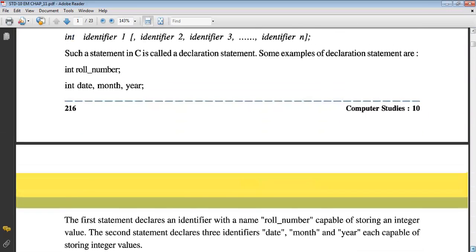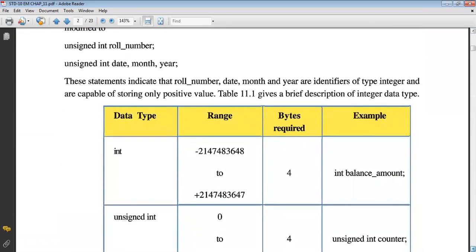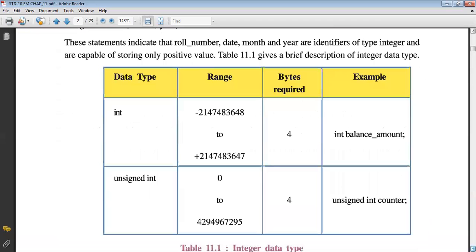Now in integer there are two types, integer and unsigned integer, because in integer the range is negative as well as positive. In unsigned they are capable of storing only positive values. Bytes required: 4 bytes. Example: integer balance amount. Balance amount can be negative also.